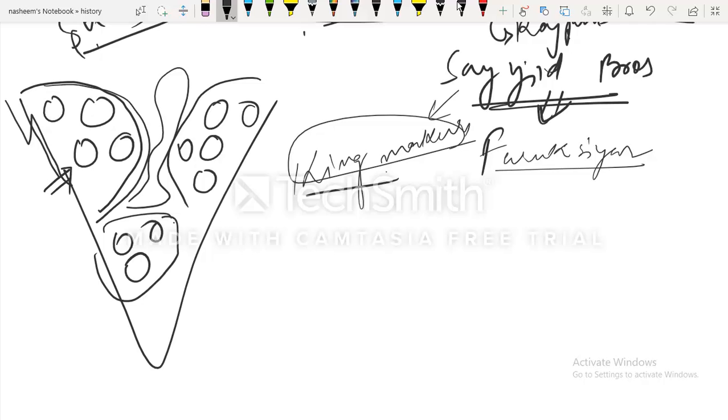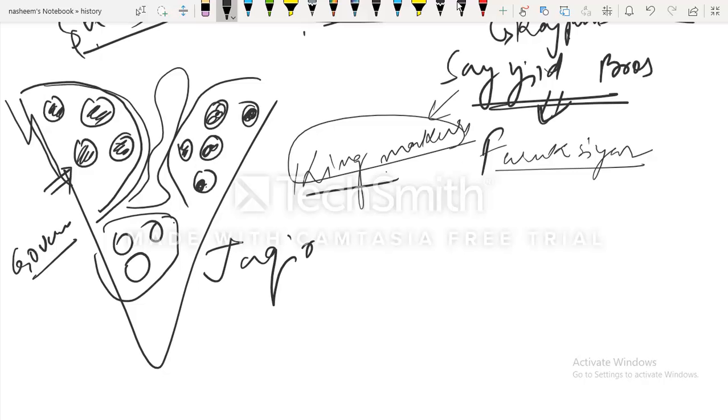This is called the governor, and these areas were given to the nobles. These were called the Jagirs. Now, very interesting is that they can be removed.